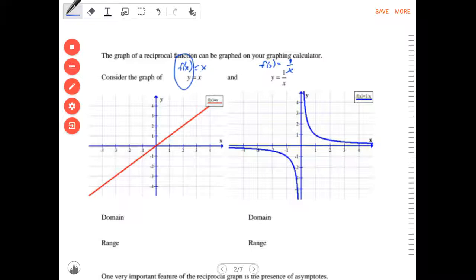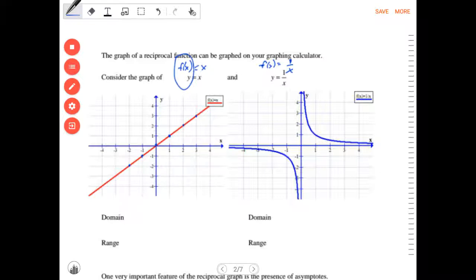If you look at this picture, here's the graph of y equals x. If y equals x, then when x is 1, y is 1. When x is 2, y is 2. When x is 3, y is 3. When x is negative 1, y is negative 1. When x is 0, y is 0.